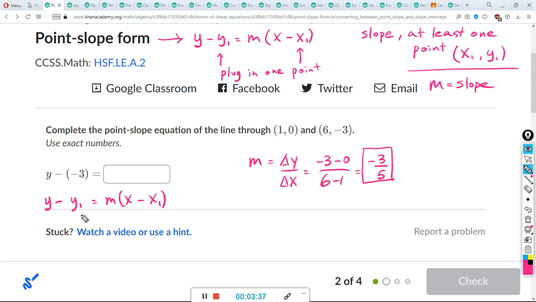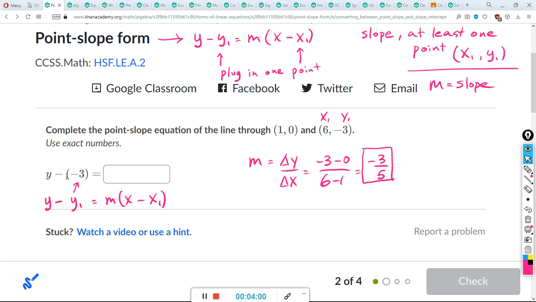So we can see for y1 they used -3. So if -3 is y1, then x1 has to be this one right here, that's +6.